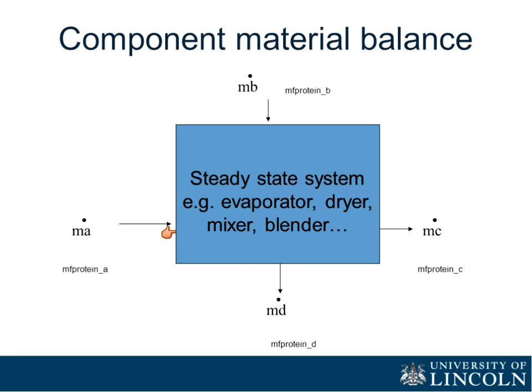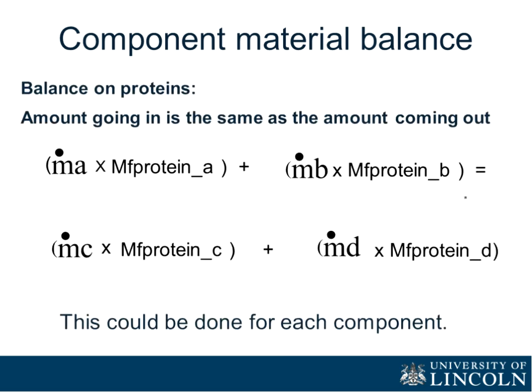Look at the direction of the arrow. When you mix A and B together and you get C and D, the protein in A and B must equal the protein in C and D. The protein that you have in A and B must give us the total protein that we have in C and D. That is what component mass balance is talking about.